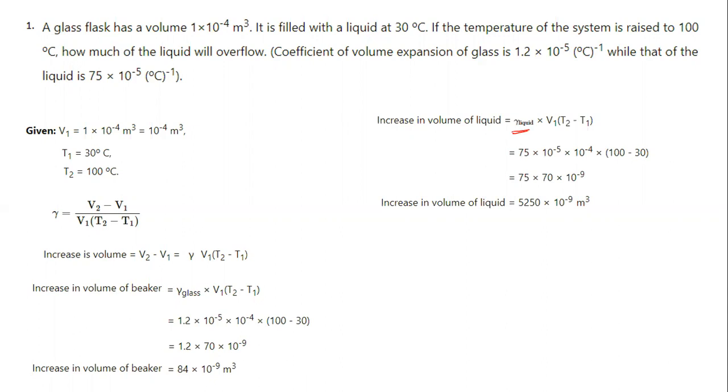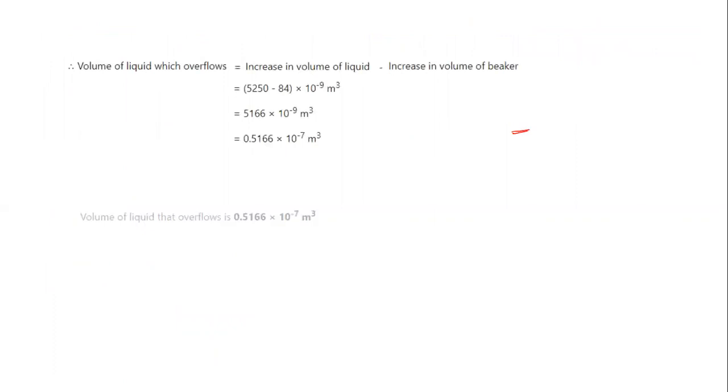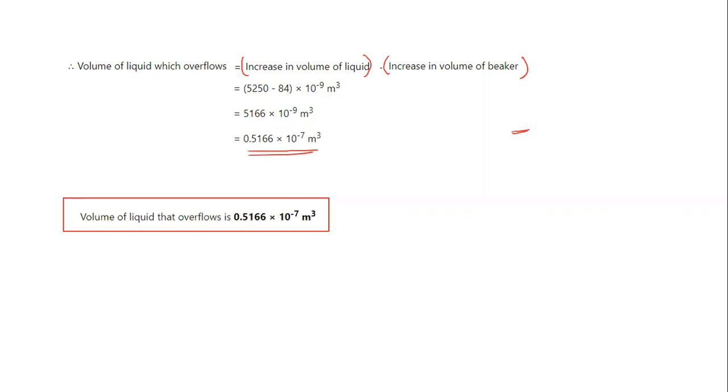So the volume of the liquid rises more as compared to the beaker. Therefore the liquid definitely overflows, and the overflow is equal to the increase in volume of the liquid minus the increase in volume of the beaker. After taking the subtraction, we get the volume of the liquid which overflows. So this is the correct answer for this question. I hope everyone understood how we get this.